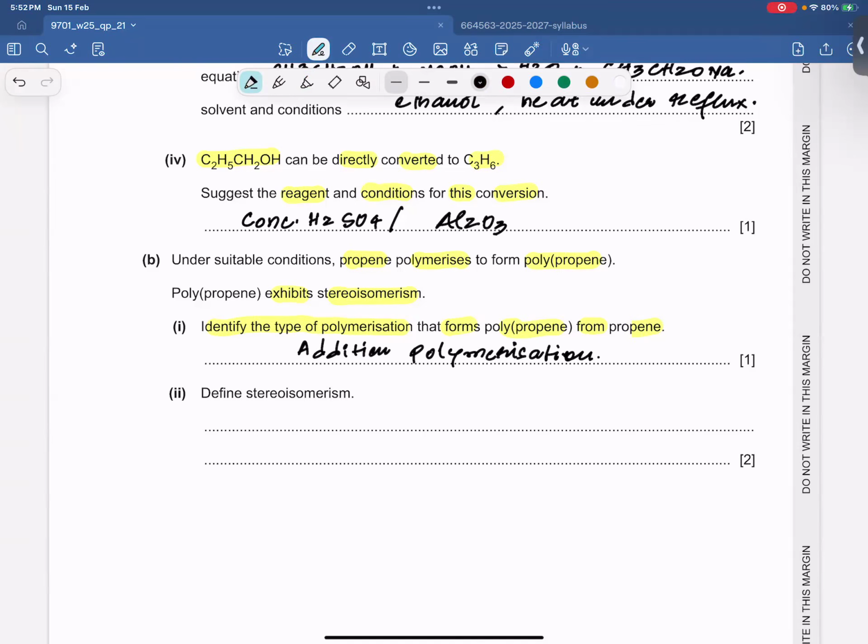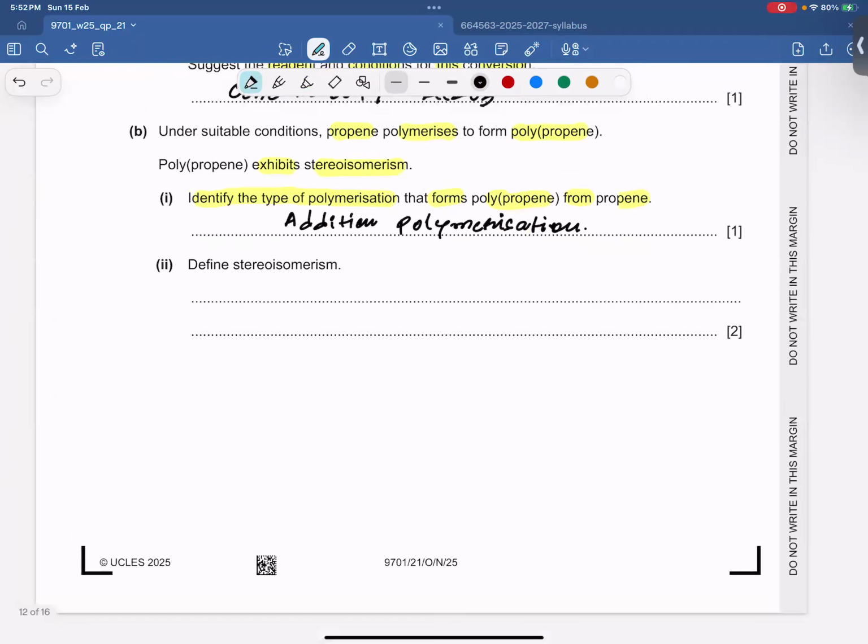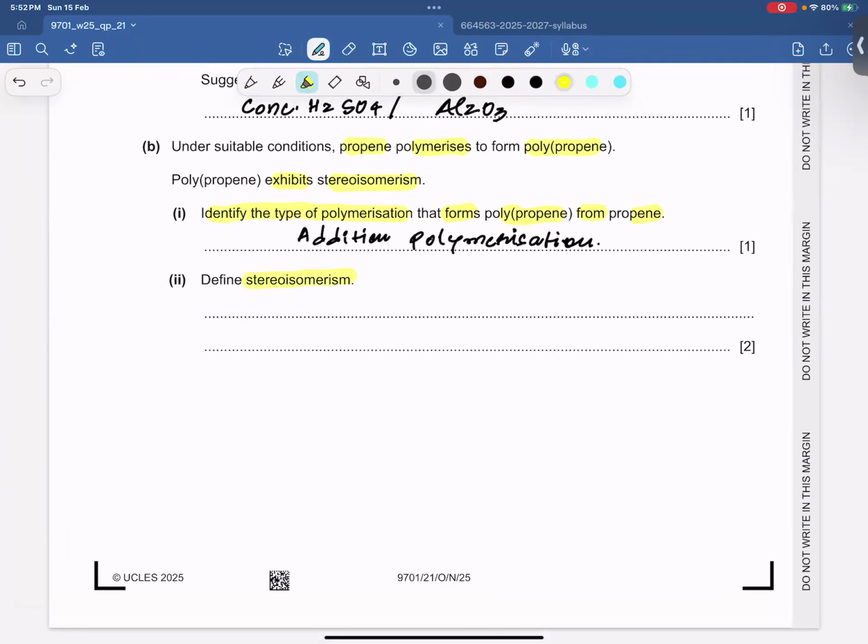Okay, define stereoisomerism. Oh, that's easy.